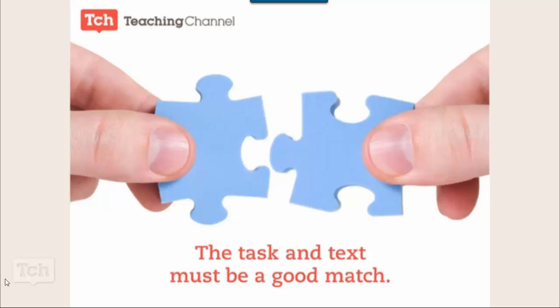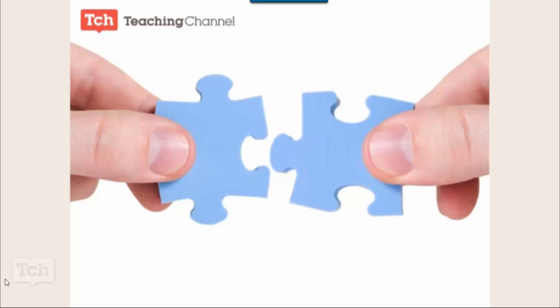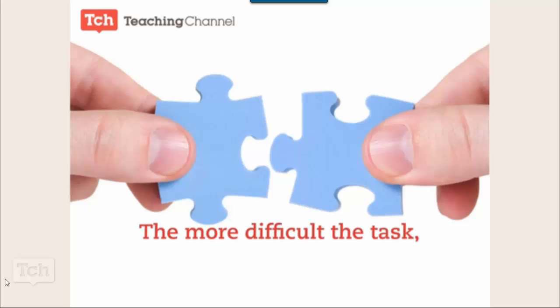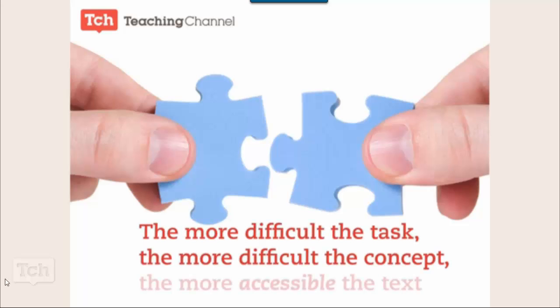They're short, you can reread them many times, you can unpack them quickly, and it allows them to practice these complex thinking and conceptual skills with very accessible text. And once they own those skills, then we start to dial up the complexity of the text, and that's a good match between them. So it's important for us to remember, the more difficult the task, the more difficult the concept, the more accessible the text.